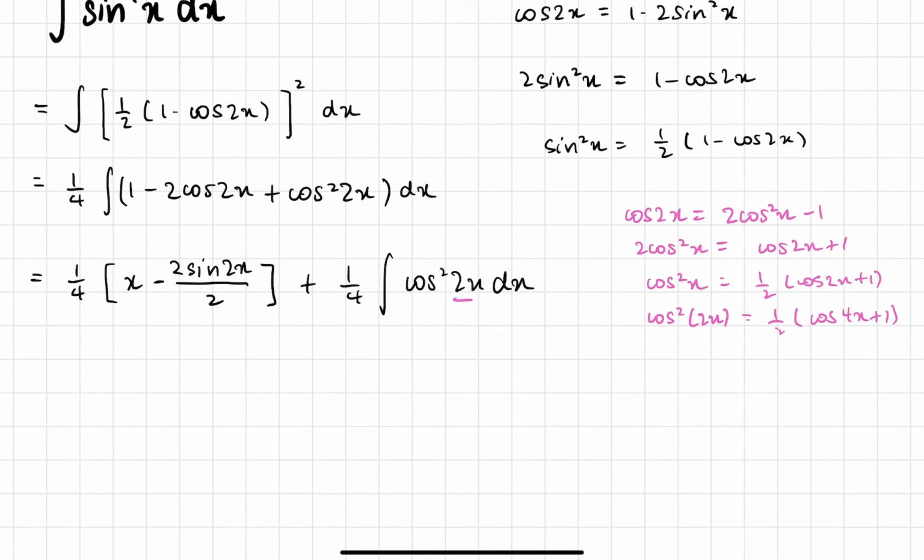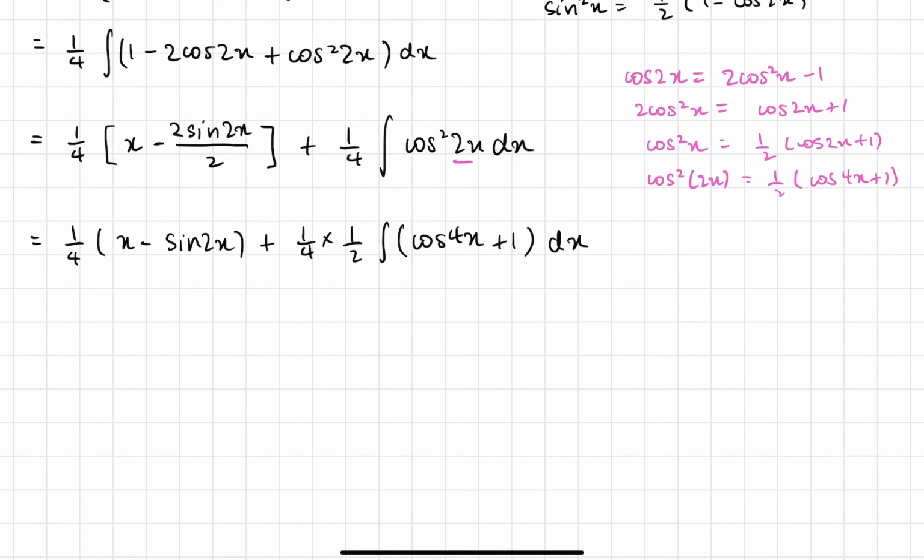Okay, we're almost there. So let's say quarter x minus sine 2x plus a quarter, and we're going to integrate. Let's bring the half out the front, and we're going to integrate cos 4x plus 1, which is something that we definitely can integrate.